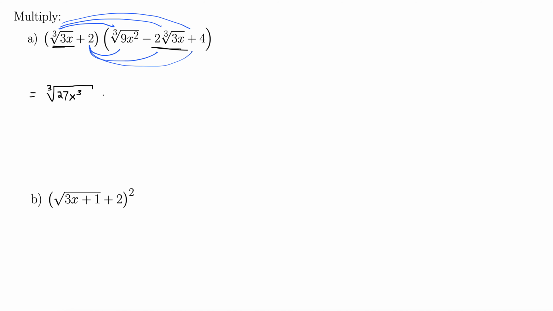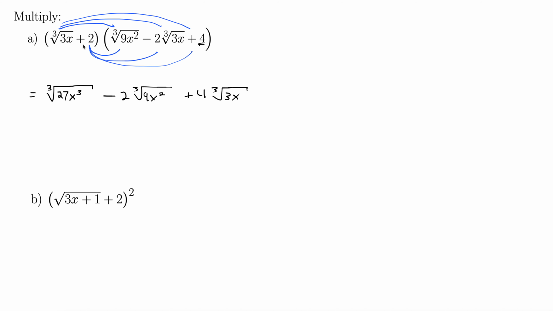We'll combine under the radical there, so we get minus 2 times cube root of 9x squared. Now cube root of 3x times 4, well, that's simply plus 4 cube root of 3x.